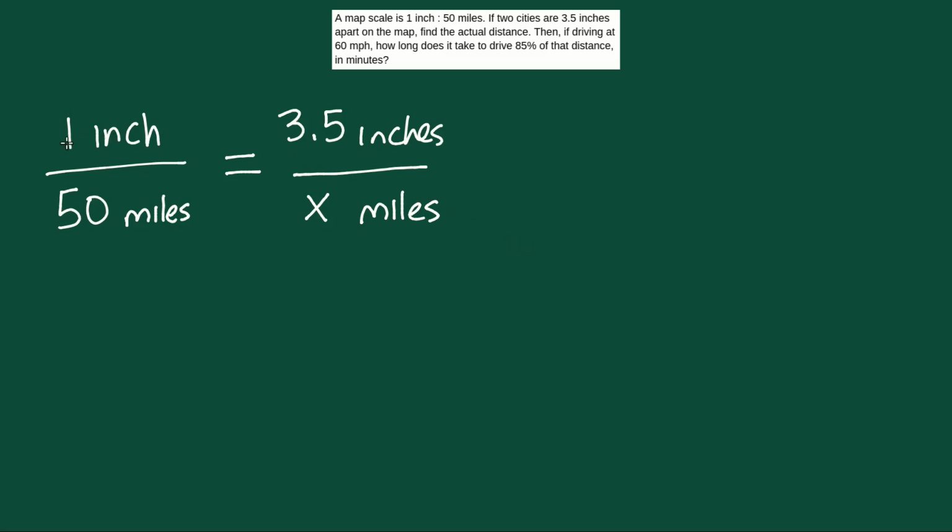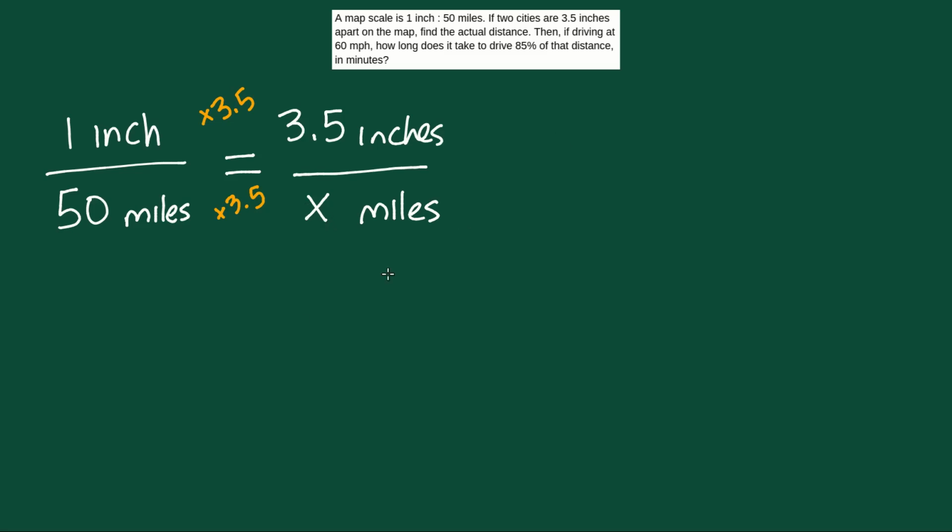Now we can take a look. To get from 1 inch to 3.5 inches, we just multiplied by 3.5. Right? 1 times 3.5 is 3.5. So let's multiply 50 by 3.5 as well to get x.